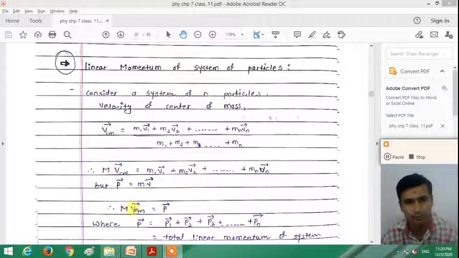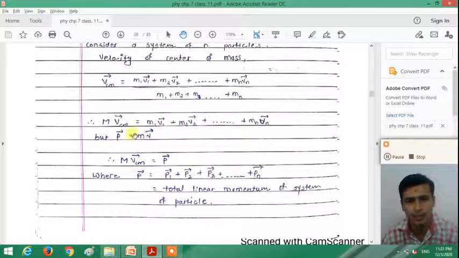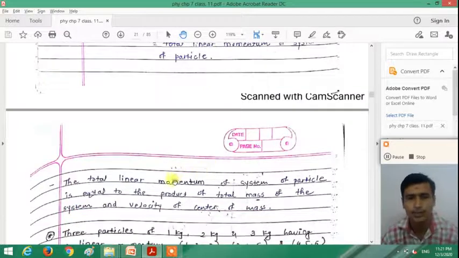So M times VCM we can write as p1 plus p2 up to pn, that is the capital P, right? So the total linear momentum of the system of particles is equal to the product of the total mass of the system and the velocity of the center of mass, right?